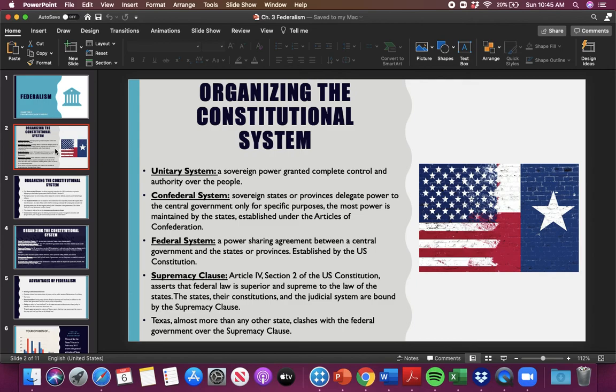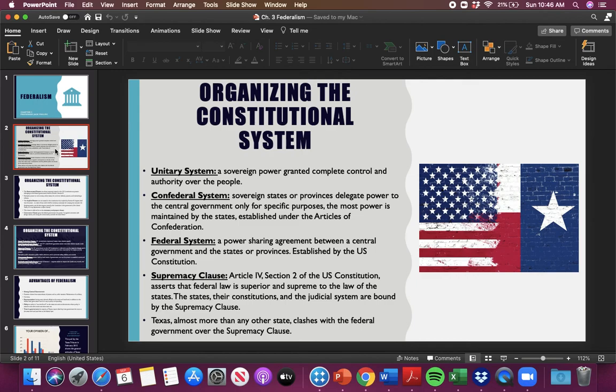If you haven't had U.S. government yet, you will talk about this. This was our first attempt at government in the United States. It did not work, and so we drafted the Constitution and created a federal system. But the Confederacy, the southern states, also used this system during the Civil War. In this system, the states have the most say about what happens within their borders.